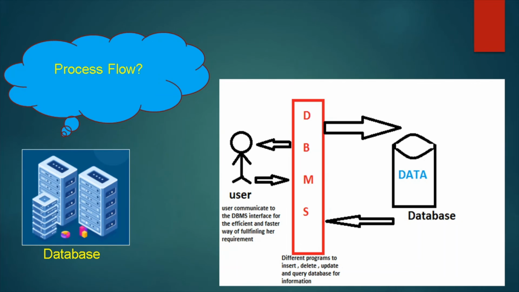The user communicates to the DBMS interface for the efficient and faster way of fulfilling her or his requirement. And DBMS handle different programs to insert, delete, update, and query database for information. And the information will now be stored to the database.